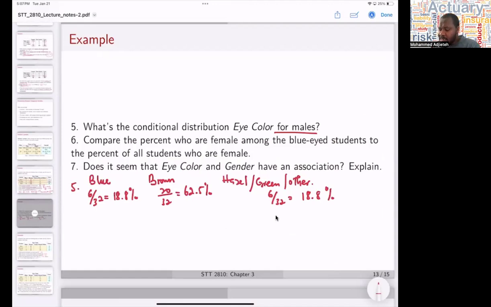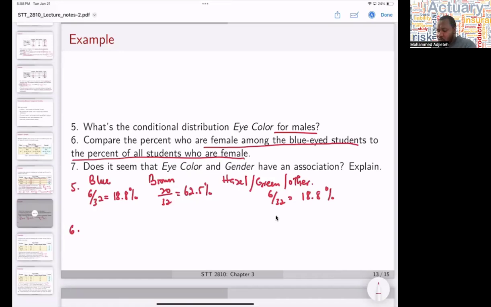Now we want to answer 6. Compare the percent who are female among blue-eyed students to the percent of all students who are female. So we are trying to compare the percent of students who are female among blue-eyed students.